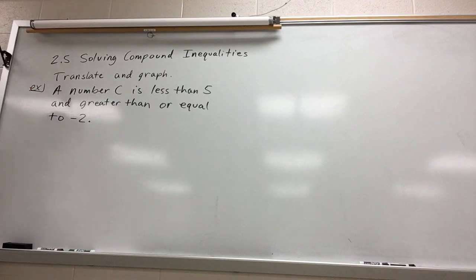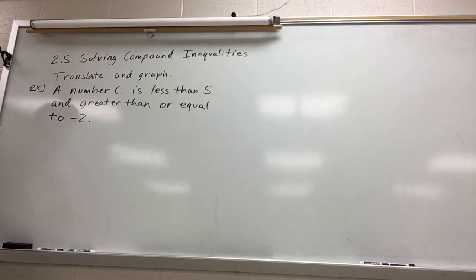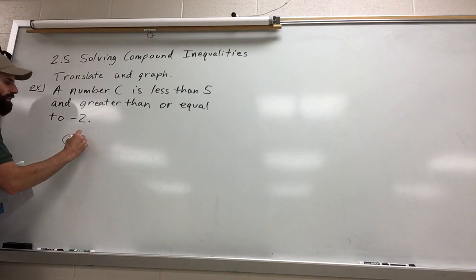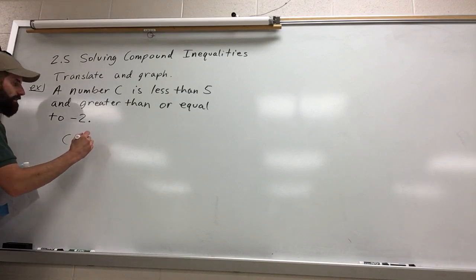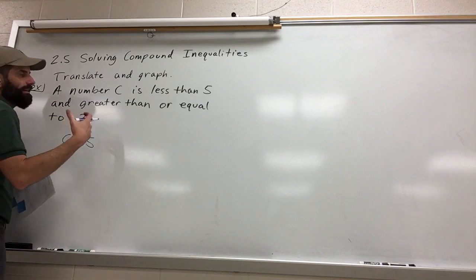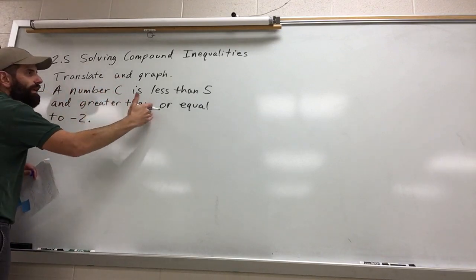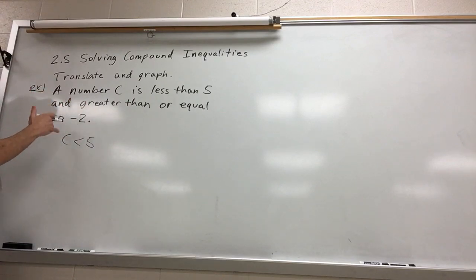Well, let's start off with, let's transcribe what we know here. It says a number C is less than 5. Well, that right there is a simple inequality. C is less than 5, okay? So no big deal there, but it says and C, or it doesn't say C, but they're talking about C, and greater than or equal to -2.